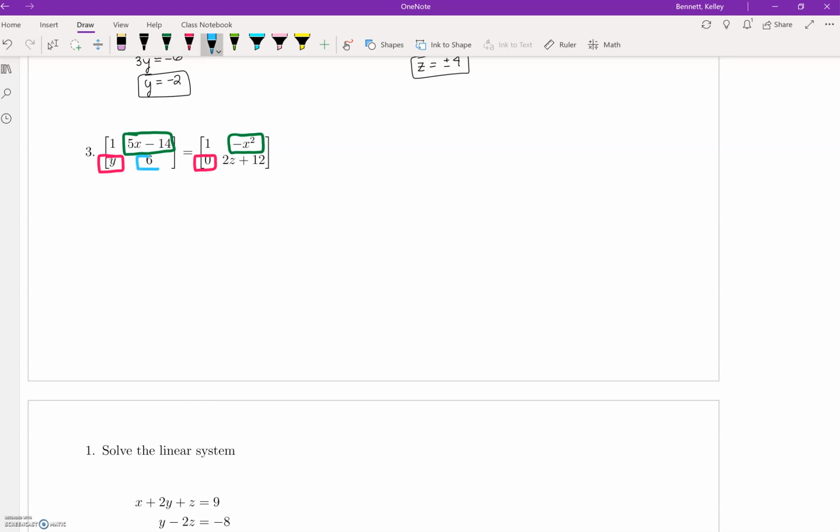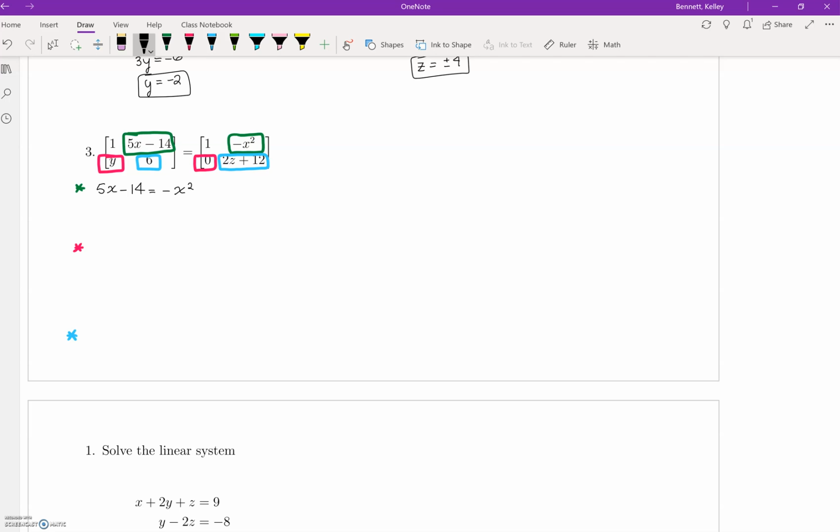And 6 needs to equal 2z plus 12. So I'm just going to write those out. 5x minus 14 equals negative x squared.